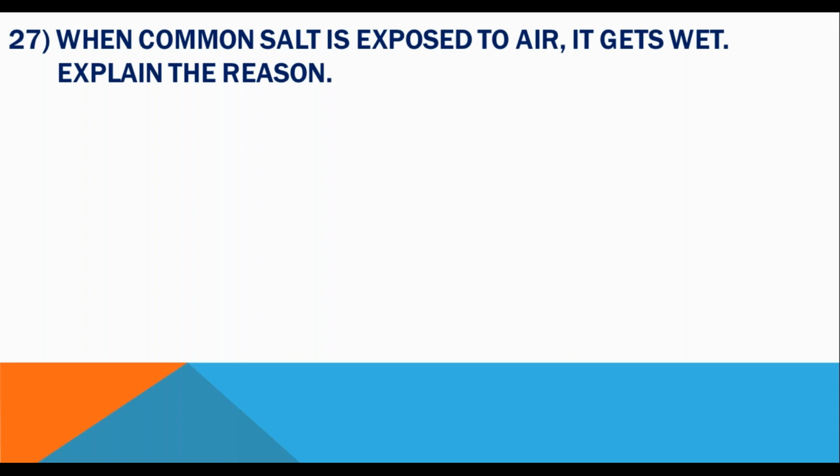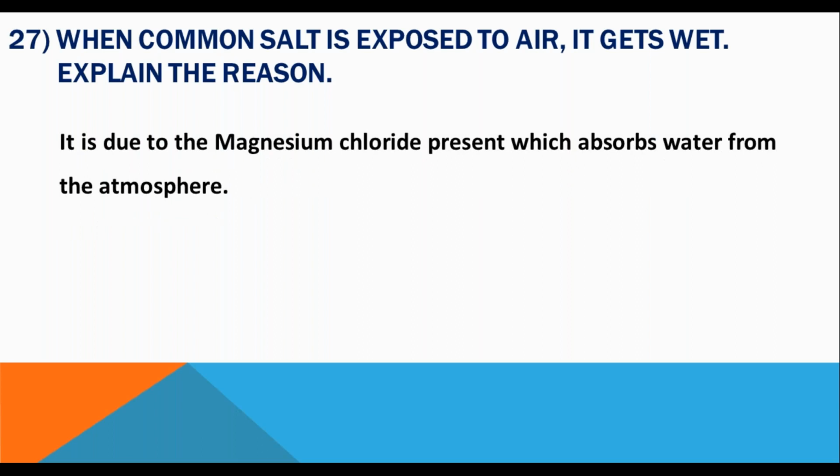Common salt alone is not hygroscopic and won't absorb water. But when it is mixed with magnesium chloride, it can absorb moisture from the atmosphere. So the magnesium chloride present with the salt absorbs water, and the common salt becomes wet when exposed to air. That is the answer here.